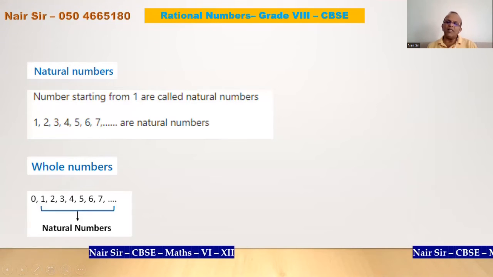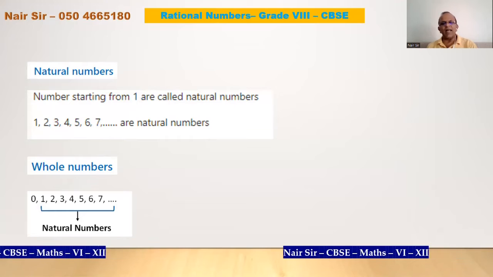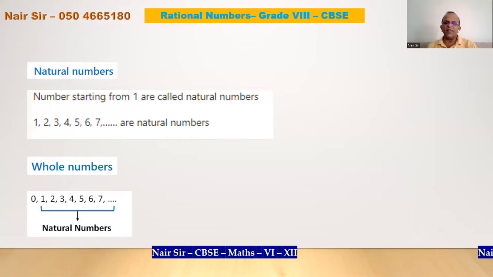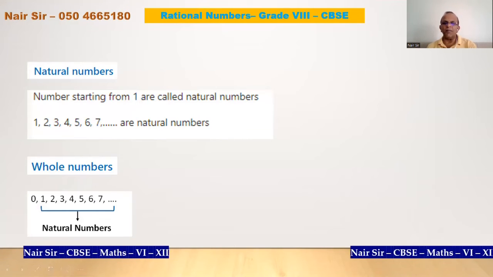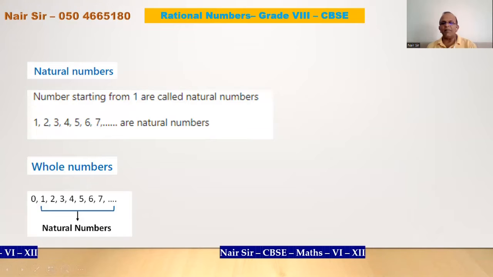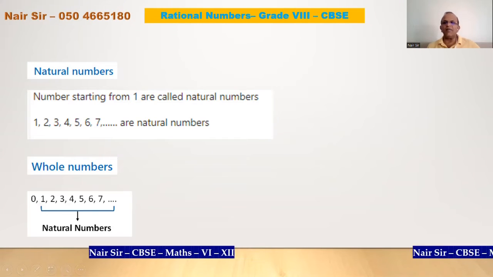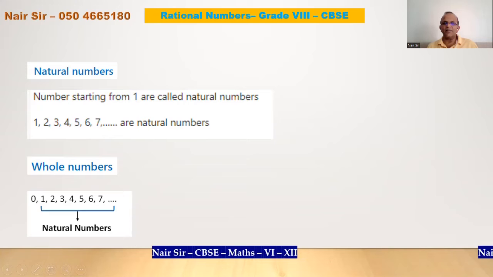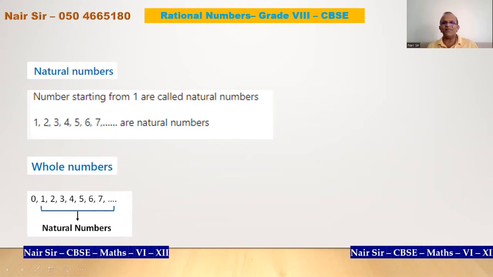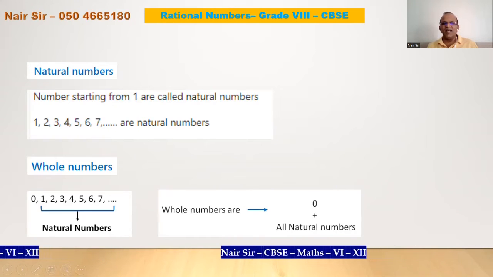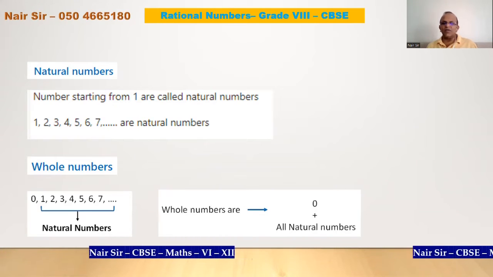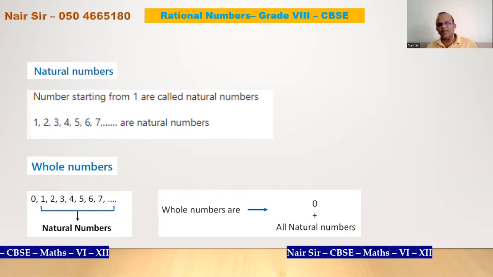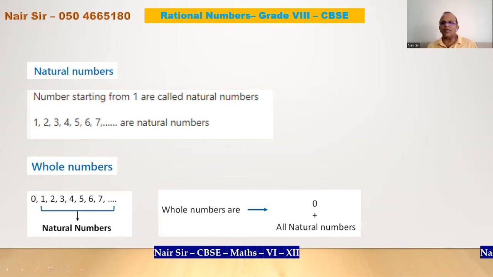When a natural number is added with 0, it is called a whole number. It is the great mathematician Aryabhatta who gave us 0. 0 came from India, so be proud of it. So a whole number is 0 plus all the natural numbers.